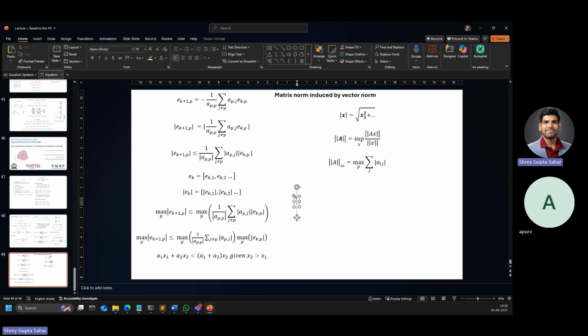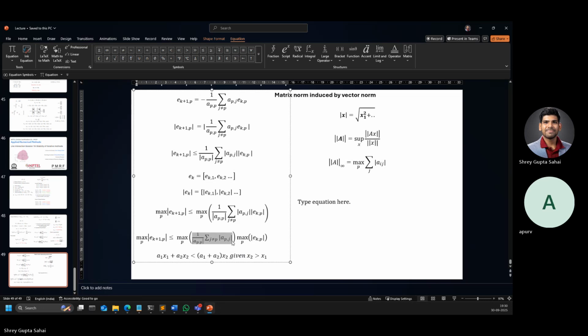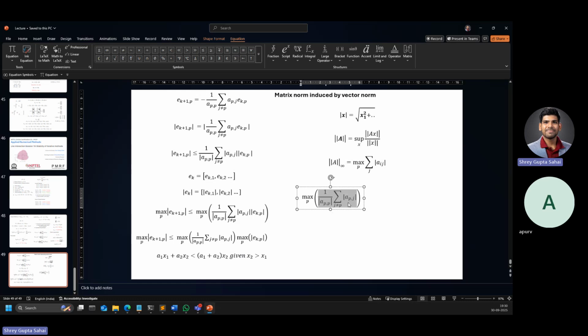This is where the Scarborough criteria comes in. There is a kind of a high leap that we have taken from going from this to just this, in saying that if this is less than 1, then we are definitely sure that our error will keep on reducing. Do you get the reasoning there at least?